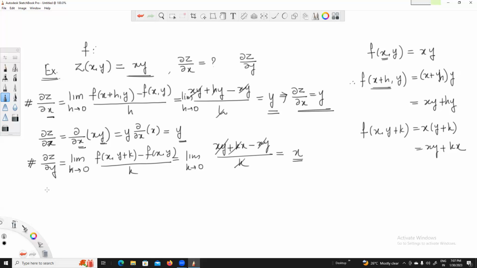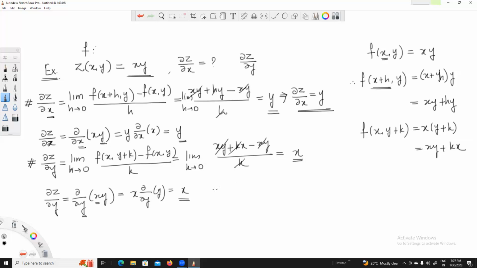And again, by the definition, remembering the note, del z by del y is equal to del by del y of xy. So if you are differentiating with respect to y, you now consider x to remain constant, take it out, x del over del y of y, which is equal to 1, and you ultimately get an answer equal to x, which is the same as what we got from first principle.